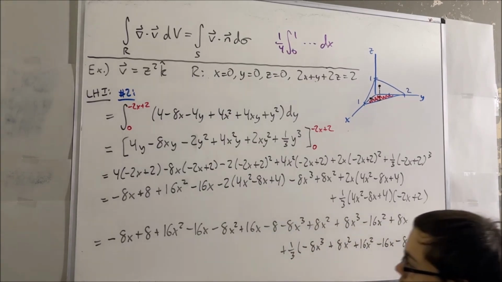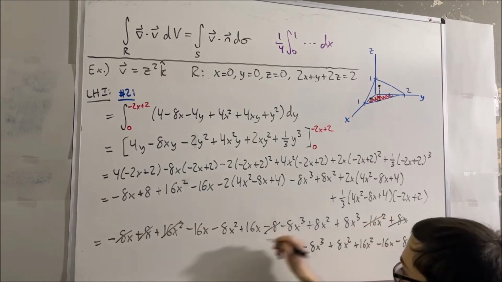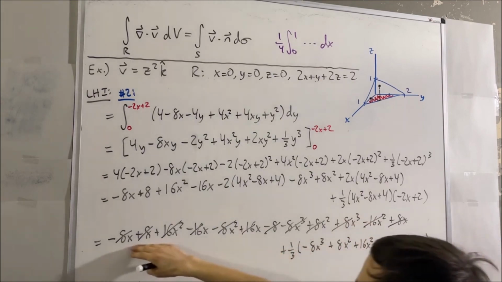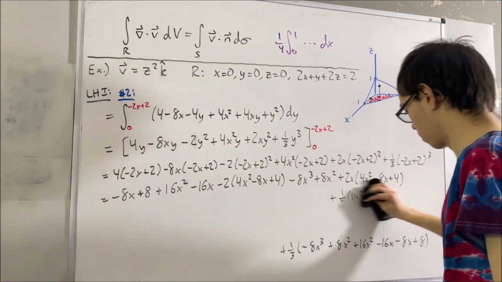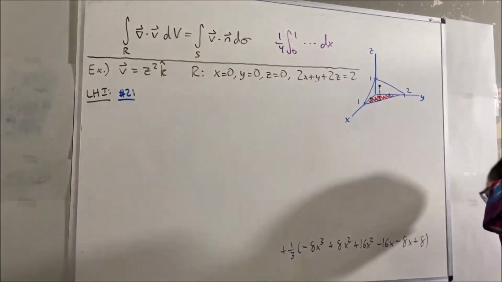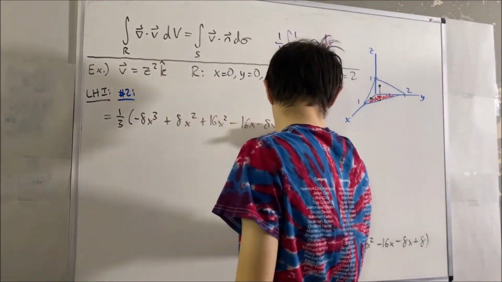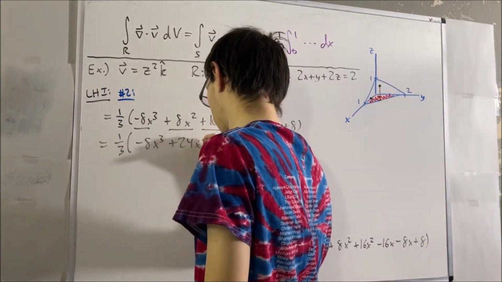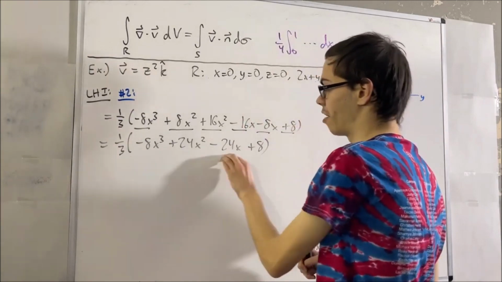So now at this point, you can see a bunch of things cancel out. In fact, everything right here cancels out, and this is all we're left with. I'm just going to rewrite this back at the top right here. And so just to make this look a little nicer, I could factor out an 8.